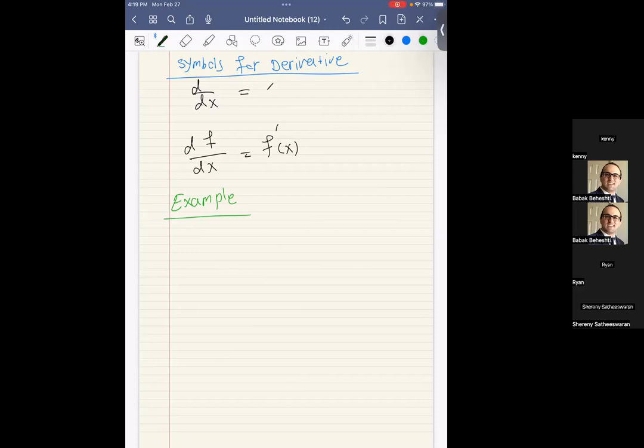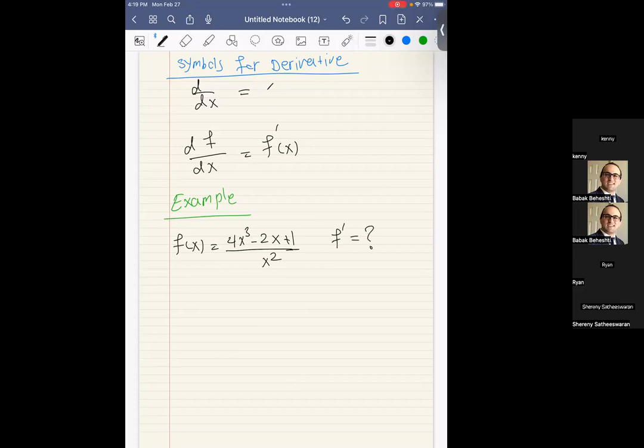It's a fraction, it's a quotient. f of x equals 4x cubed minus 2x plus 1 over x squared. So here we want to find, the question is, what is f prime? So you want to find the derivative, right?